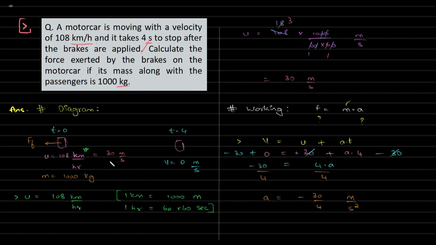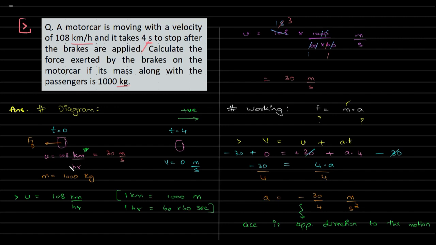What does it mean? It is opposite to the direction of the motion. We are considering right as the positive direction. So acceleration is to the left. Okay, so this is extra information that acceleration is opposite to the direction of the motion.